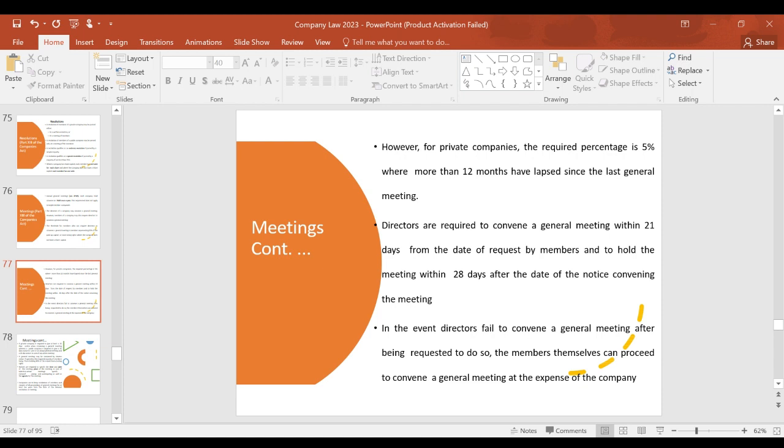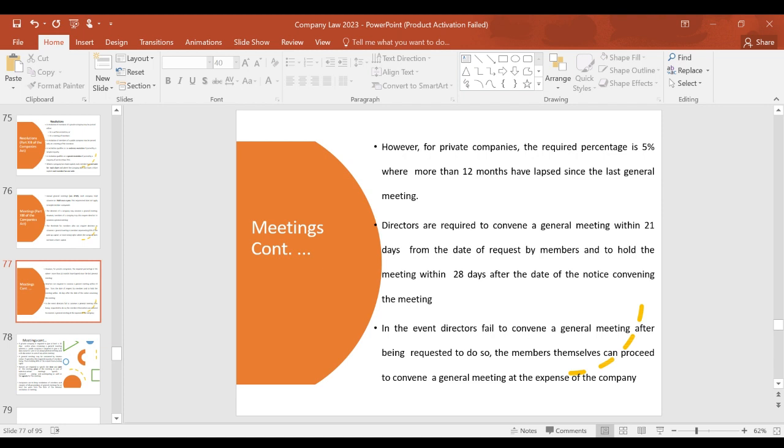It's also worth mentioning that for a private company, at least 5% of the shareholders can request for an annual general meeting to be constituted by the directors in the event that 12 months have passed since the last general meeting.